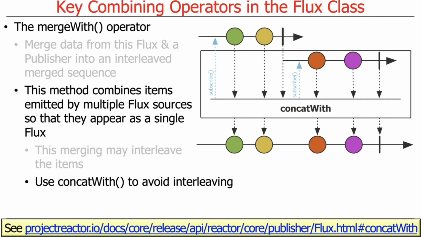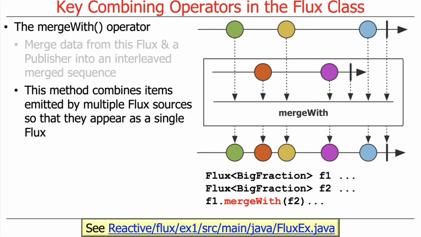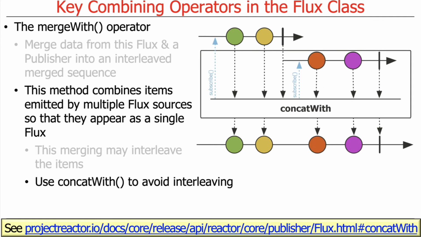If you don't want to interleave, if you want, say, everything in Flux F1 to occur followed by everything in Flux F2, you can keep your fingers crossed and hope that mergeWith will do that, and sometimes it will. But if you want to guarantee that it does it like that with no interleaving, then you should use concatWith instead of mergeWith.